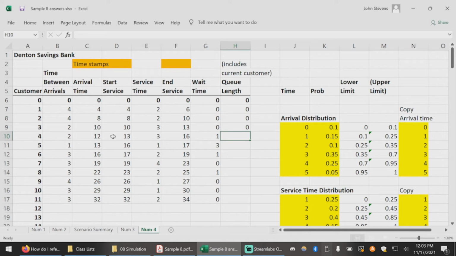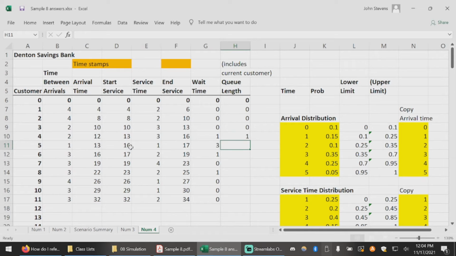Are there any more in the line, or is it only that one? It's only that one because the previous person already went on to start their service. By the time customer 4 arrives at minute 12, the previous person has already moved on. So there's no one waiting.